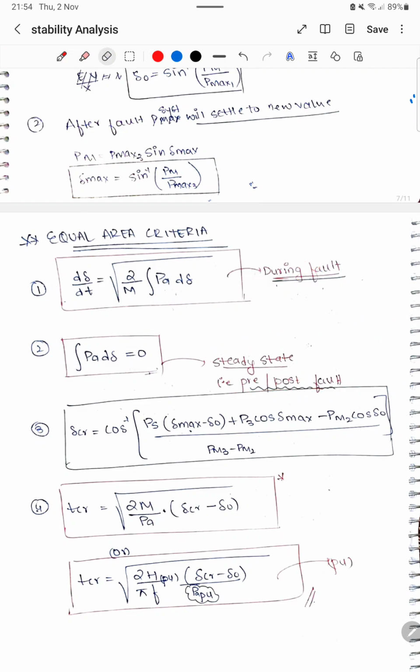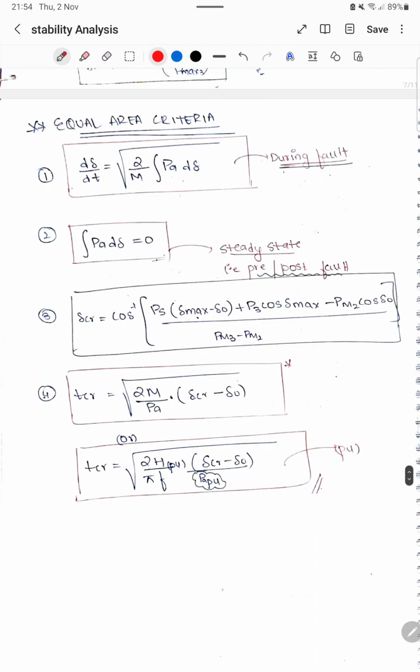Fine. Now let's see one of the important formulas. One is critical clearing angle and one is critical clearing time. These are very important formulas, and depending upon the cases, again we will be substituting the values of del max, P2, PM and so on in this particular del CR formula. So what is del CR?